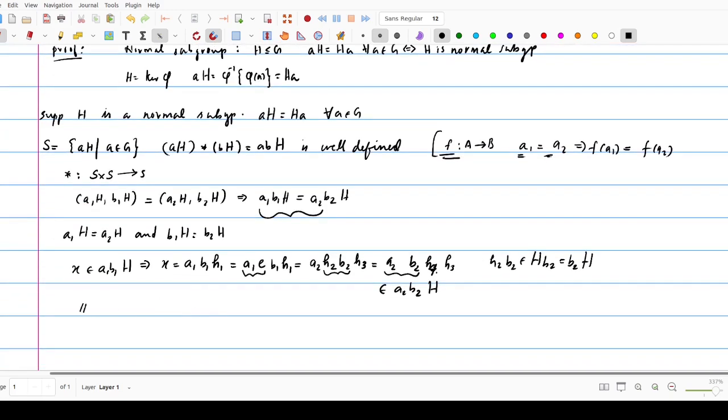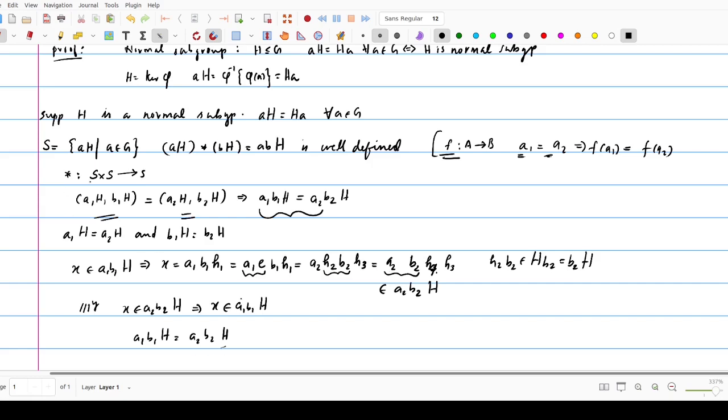In a similar fashion, you can start with an element in a2b2H, and by following all these steps, you can prove that x belongs to a1b1H. That is, a1b1H is the same as a2b2H, which shows that whenever these two ordered pairs are the same, then the corresponding images are also the same.